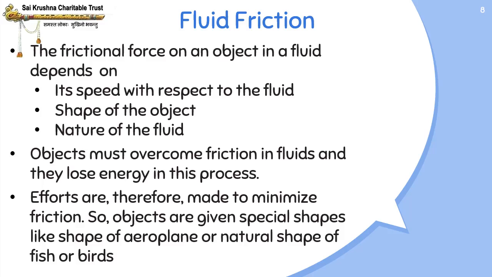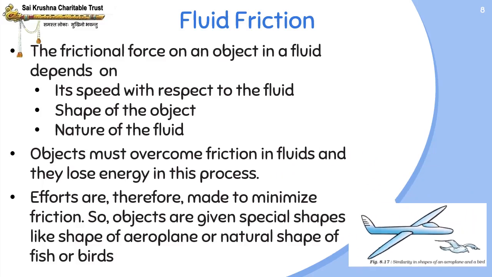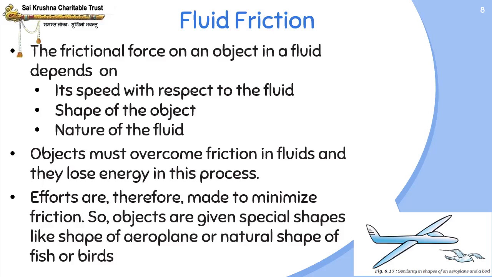For this purpose, these objects are given special shapes. Can you see the similarity between the shape of an aeroplane and a bird? Yes, they look quite the same. In fact, all vehicles are designed to have shapes which will reduce the fluid friction.